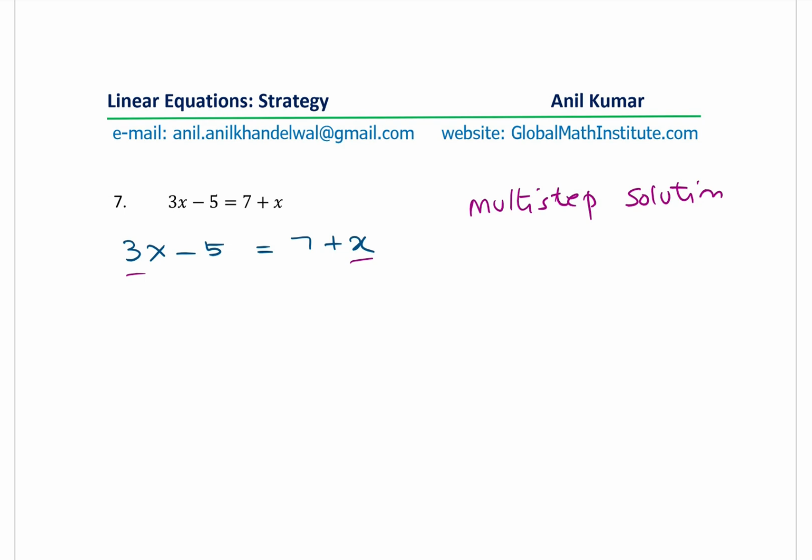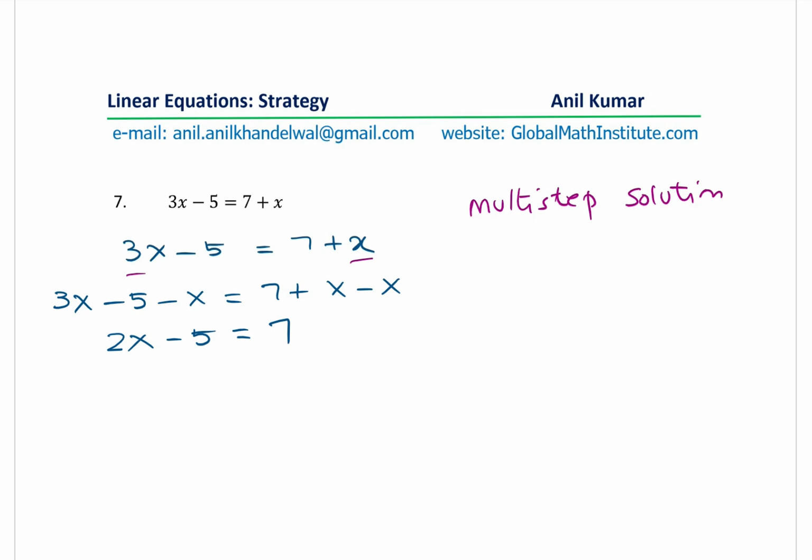So I could write this as 3x minus 5 minus x equals 7 plus x minus x, right? So that gives us 3x minus x as 2x minus 5. So I'll write this as 2x minus 5 equals 7.